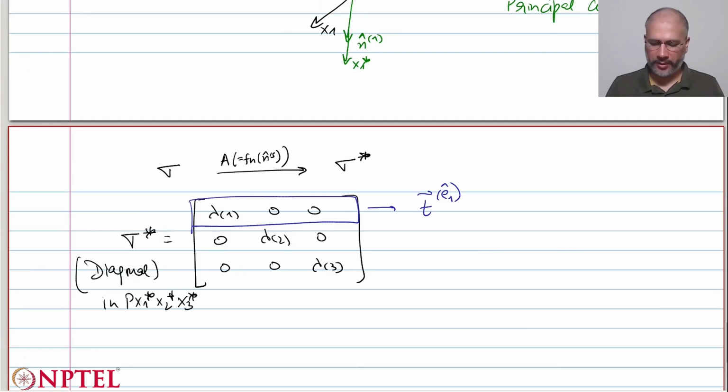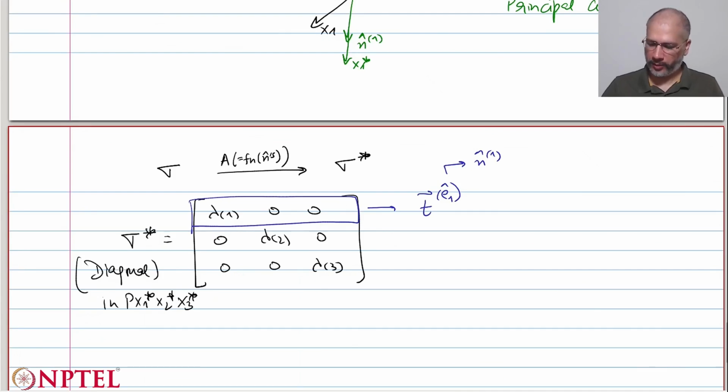So e1 hat here denotes the n1 hat direction. One must be careful because now we have moved to the starred coordinate system for representation. So the traction vector on the n1 hat direction, to be specific, simply has an e1 hat component.